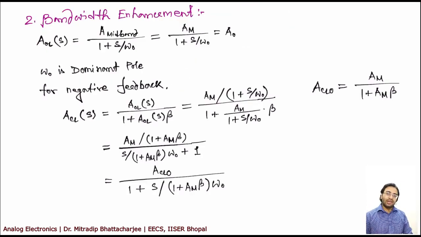Now, this feedback system also provides another advantage, which is bandwidth enhancement, which is quite intuitive because I already said in one of the lectures that gain into bandwidth product is constant. This is true, but in certain circuits we broke this particular figure of merit or rule, whatever you say. We overcome that rule in certain circuits, if you remember. You can go back to the previous lectures and see in what case we have got this.